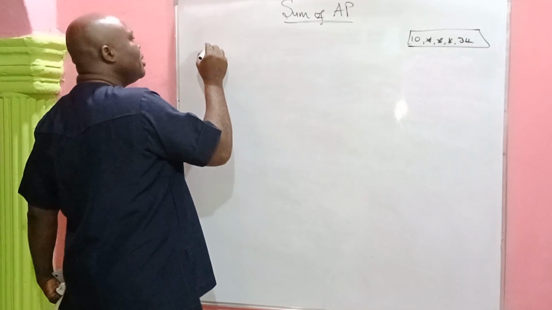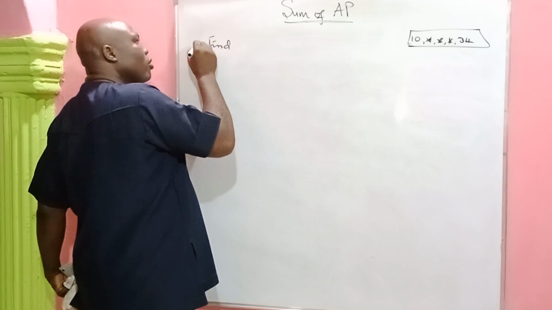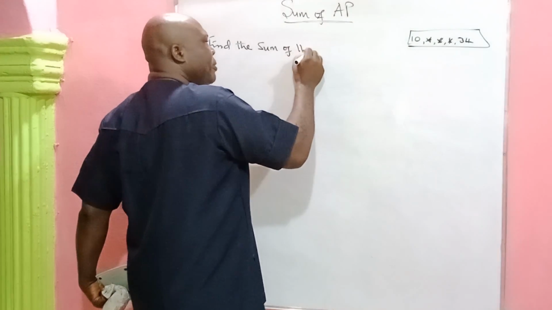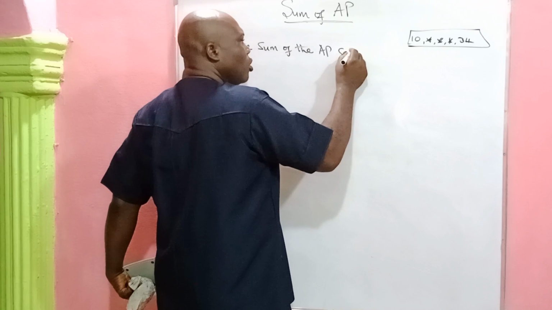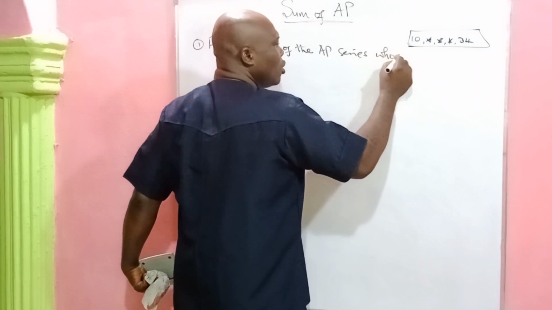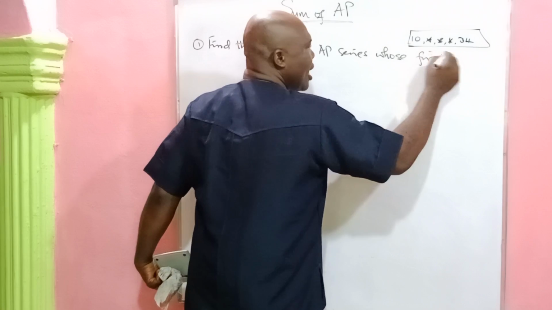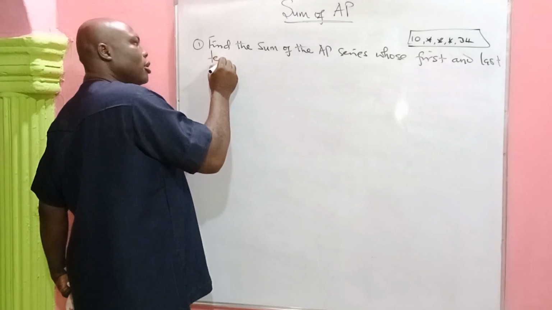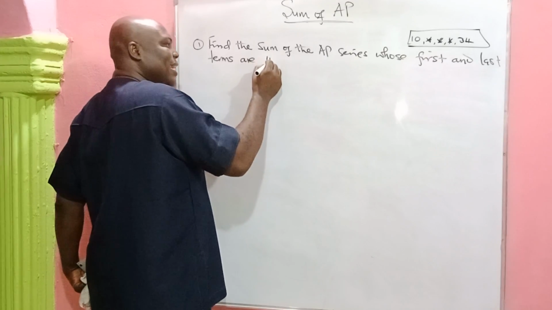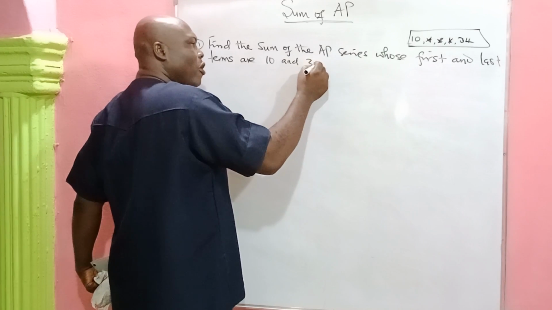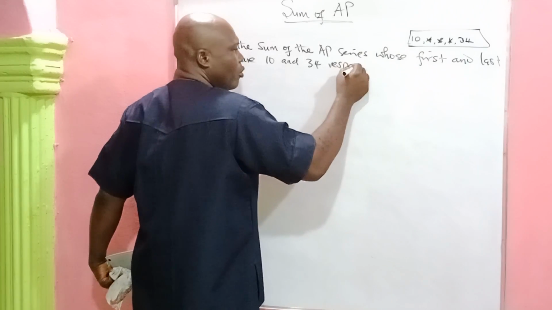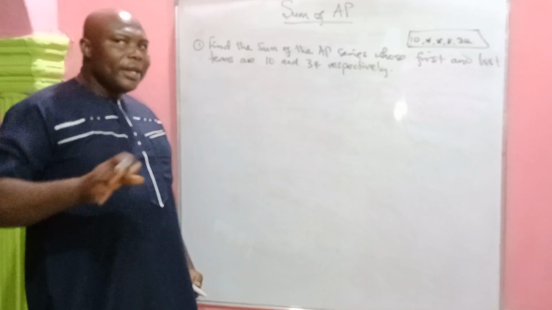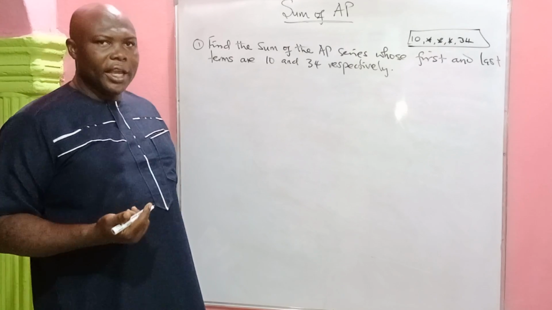Watch, the question will come this way: find the sum of the AP series whose first and last terms are 10 and 34 respectively. So the question might come this way: they've given you the first and the last terms without anything else, and you're asked to find the sum of the AP.